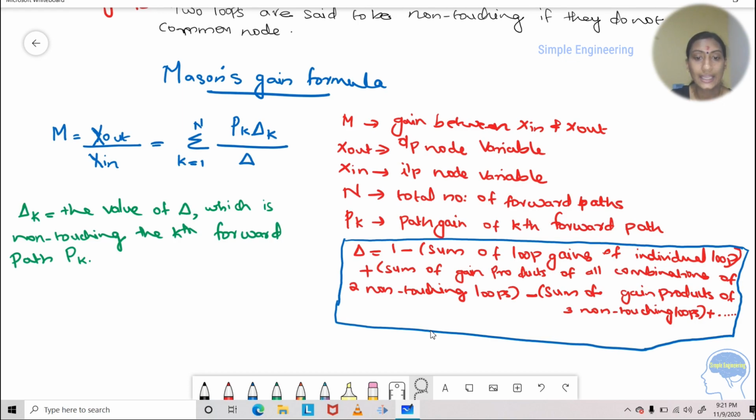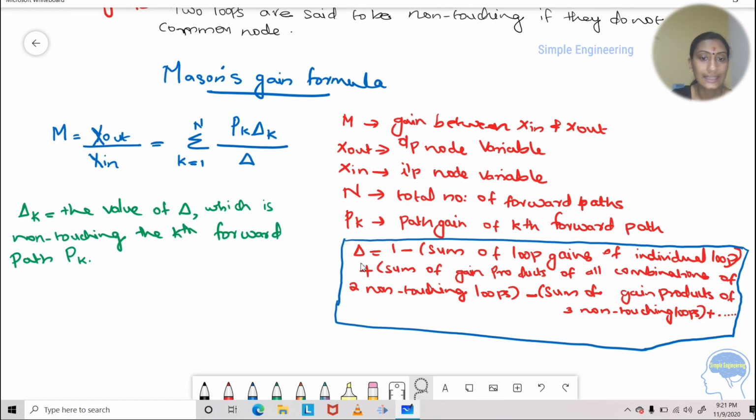Sum of the loop gains you have to find here, plus the sum of the gain products of all combinations of two non-touching loops, minus the sum of gain products of three non-touching loops, plus the sum of gain products of four non-touching loops, like that it will go.